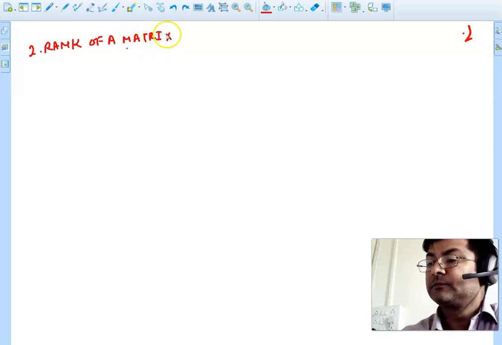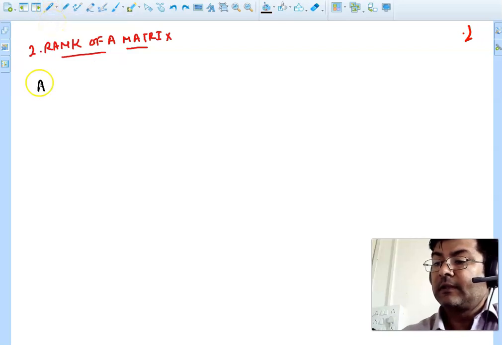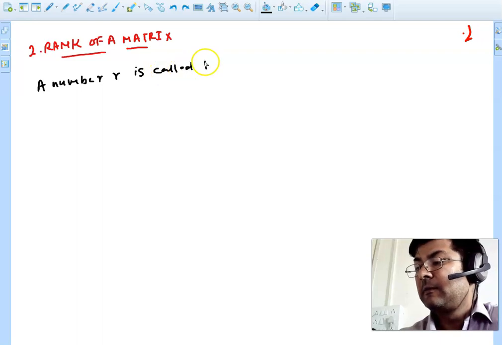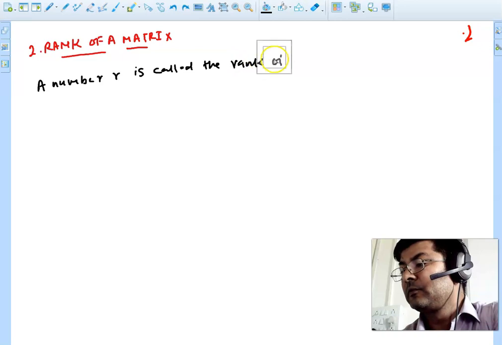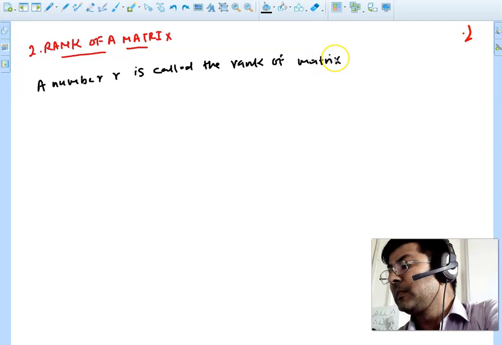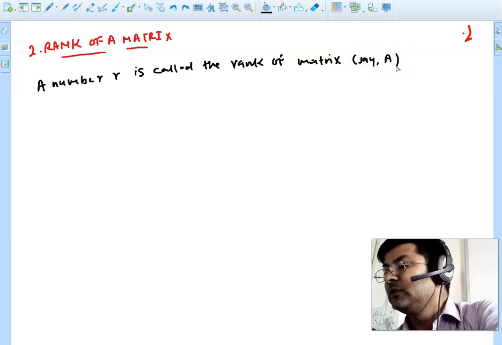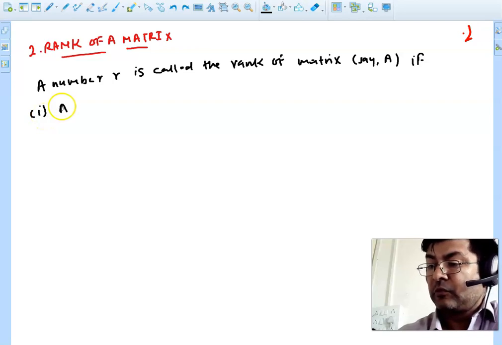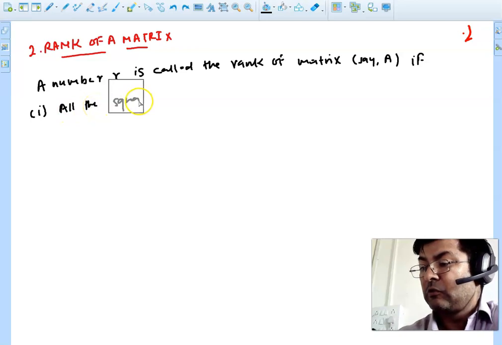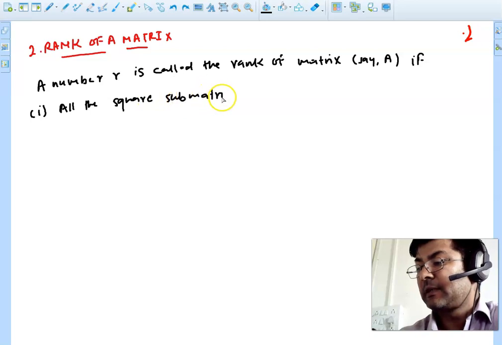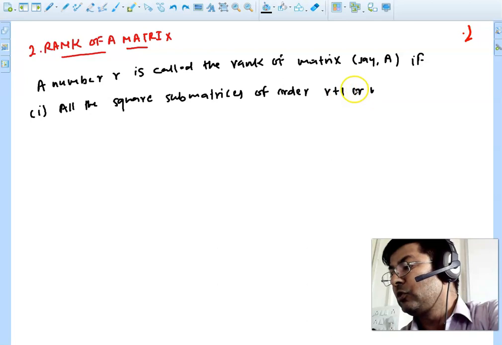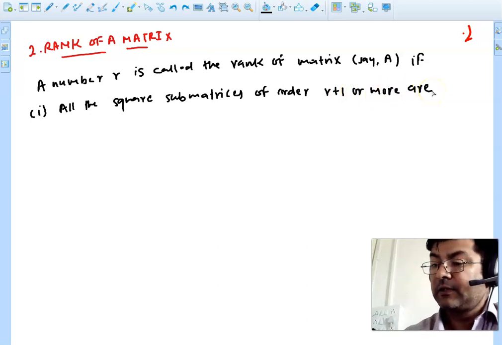A number r, small r, is called the rank of a given matrix, say matrix A, if number 1, all the square submatrices of order r plus 1 or more are singular. This is the first condition.